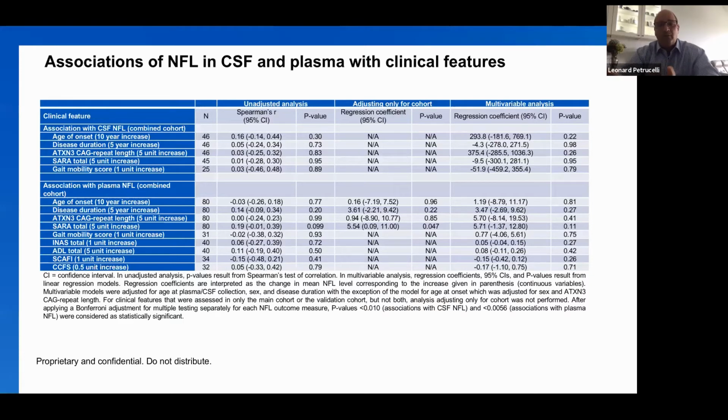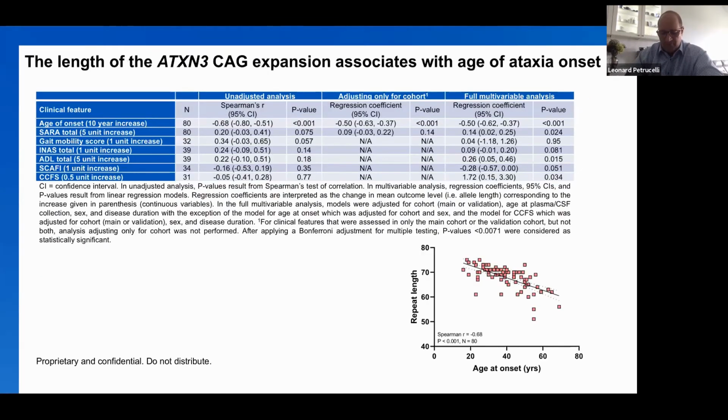Following multivariable analysis and corrections in our cohort, we surprisingly did not see any association of NFL with age of onset and disease duration, as well as any of the clinical criteria, including the SARA score and gait mobility. As the next step, we made sure that our cohort was in fact representative of other groups and other movement disease specialists.